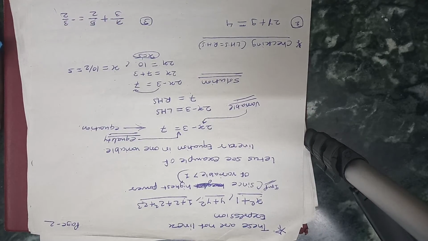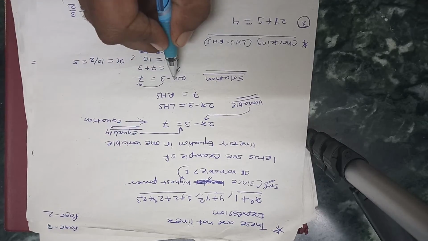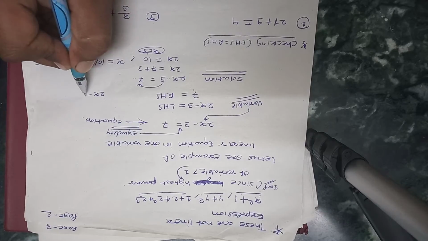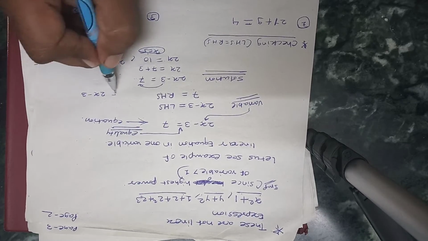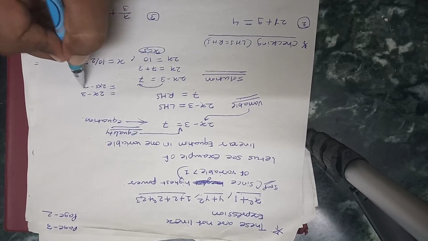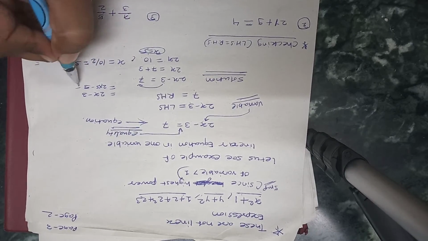Now if I want to verify it, I will verify it by just putting the value of 5 in LHS side, that is 2x minus 3, right? So 2 into 5 minus 3, answer will be 7.